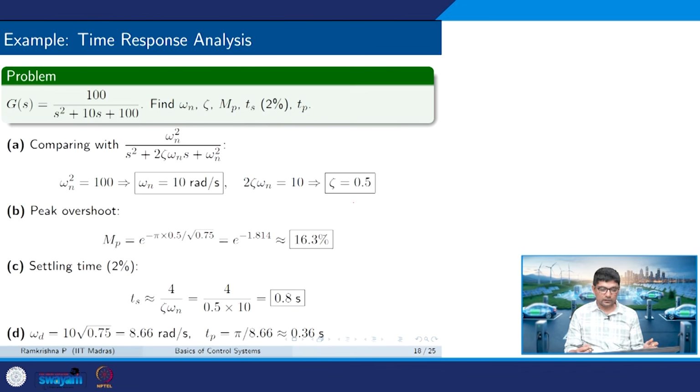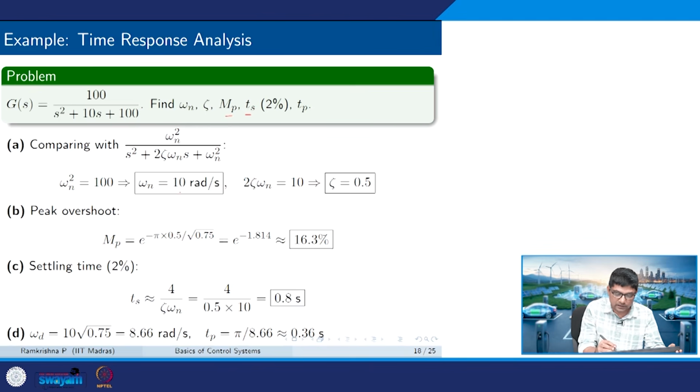Okay. So, a very small example in this direction. I just give a transfer function and I want to find out what is zeta and what is omega n, and therefore, what is the peak overshoot, the settling time and the peak time and so on.